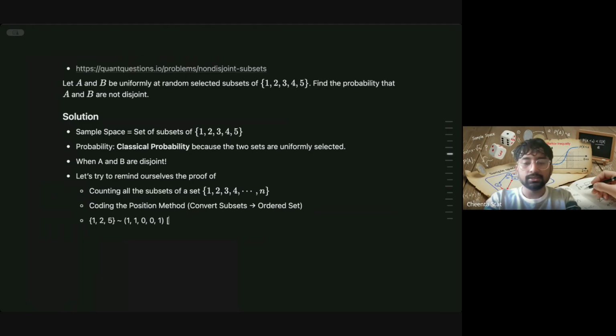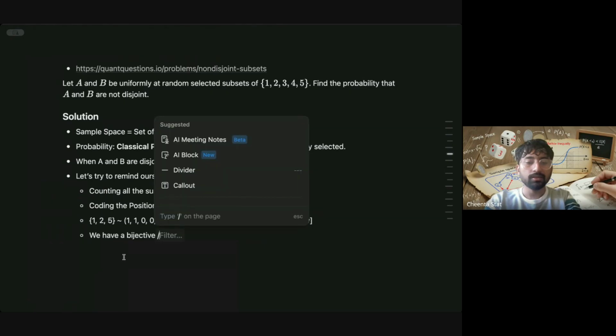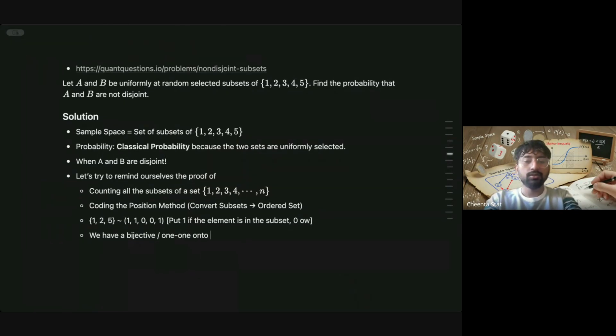So the idea is to put 1 if the element is present in the subset, 0 otherwise. So we have a bijective, one-to-one onto relationship between all such subsets and these ordered sequences of zeros and ones.